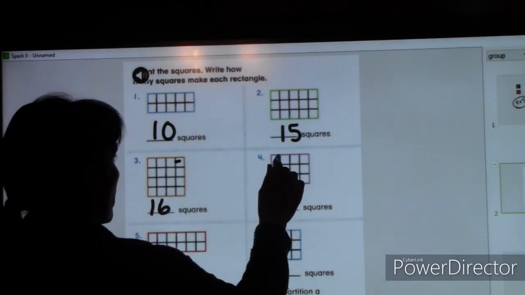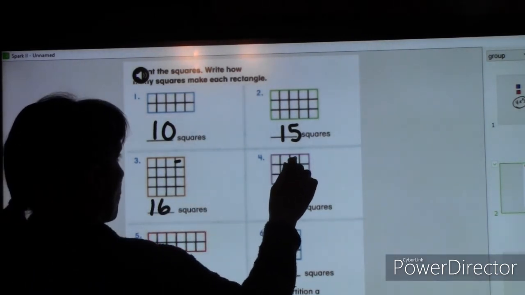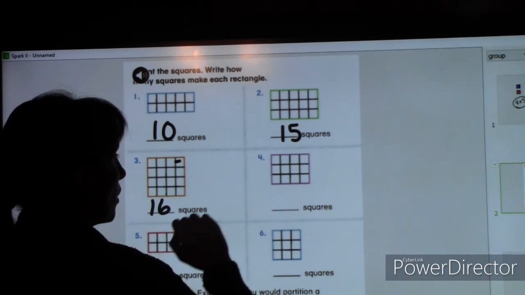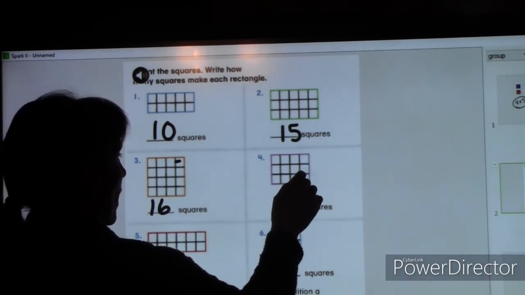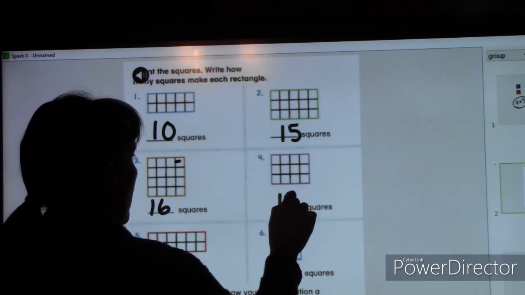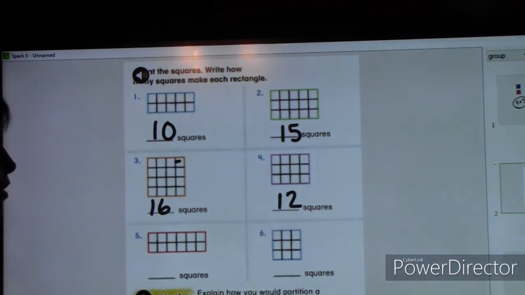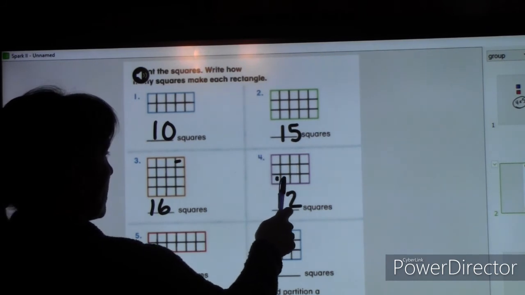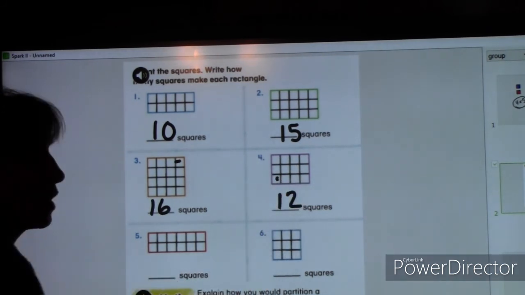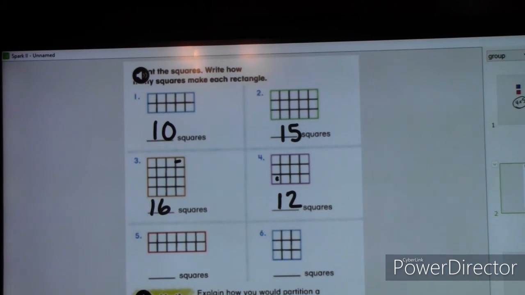Now we're going to slide over to number 4. There's 1, 2, 3, 4 squares in a row. So 4, 8, 12. And again, you could count them. You could also count the columns. There's 3 in a column. 3, 6, 9, 12. Either way, the answer comes out the same.